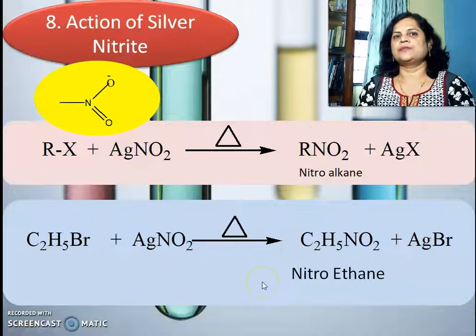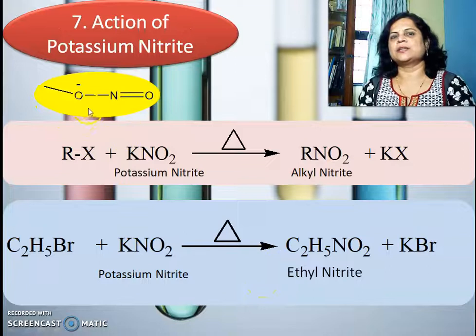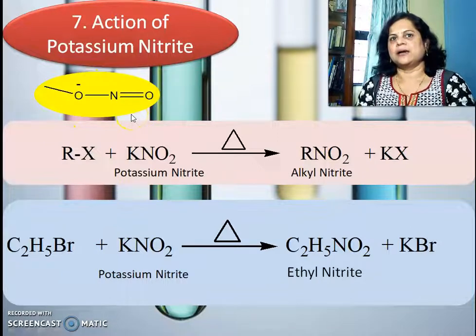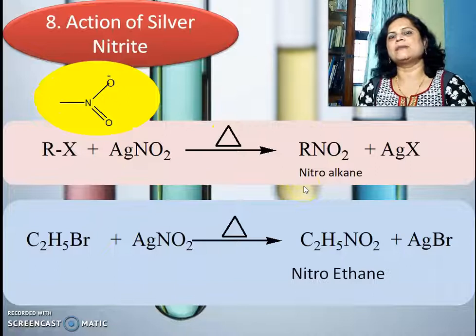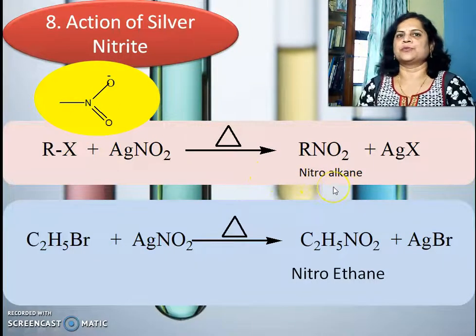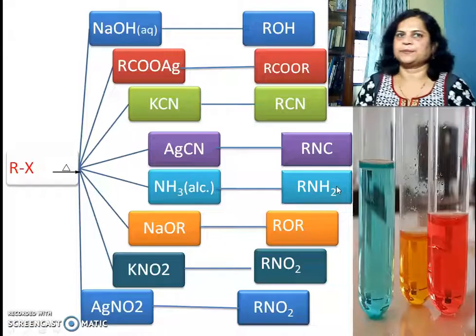In the previous reaction, the R group is bonded with the oxygen of the NO2 group; these are alkyl nitrites. If the R group is bonded with the nitrogen of the NO2 group, these are nitro compounds. So by using AgNO2, we get nitroalkane.